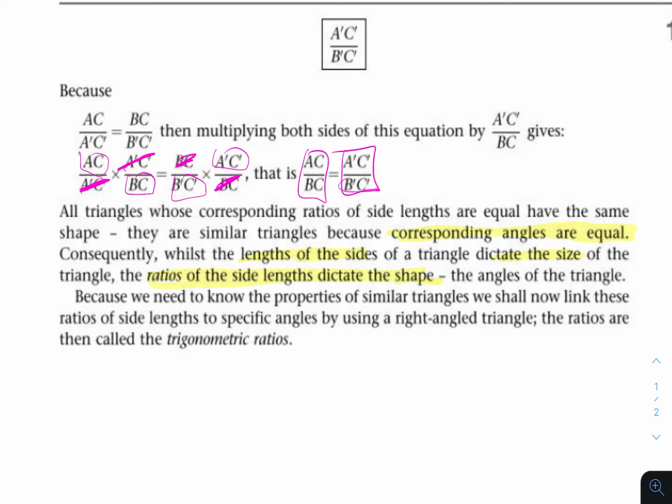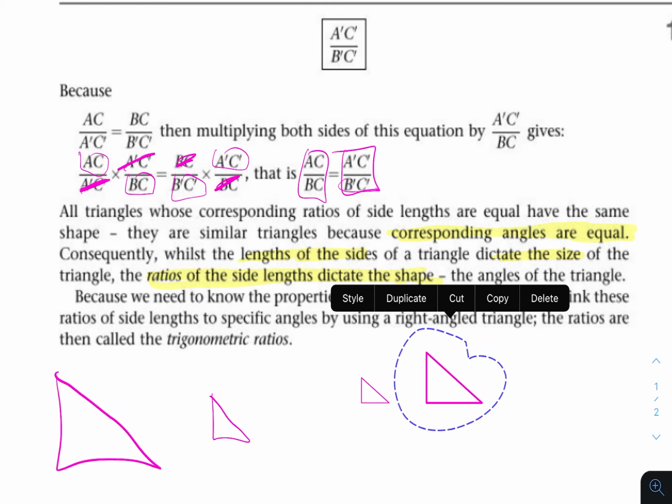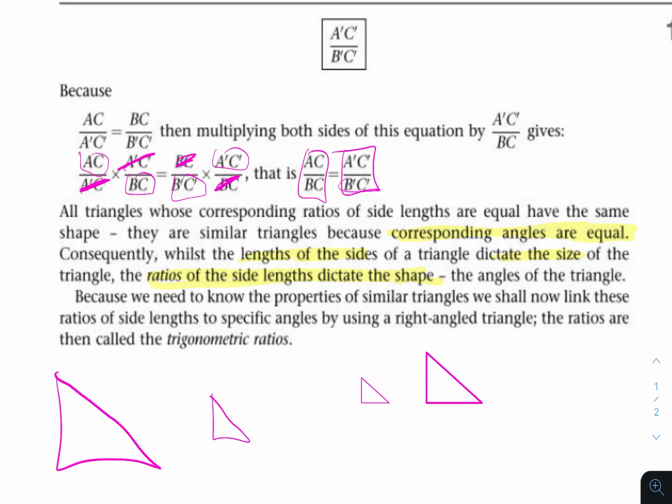So it's fairly obvious. If I've got this triangle here versus this triangle here, one is much longer than the other, right? And if I take this triangle here and say, okay, I'm going to double it in size, then obviously it'd be exactly the same shape because this side here is half of this side.